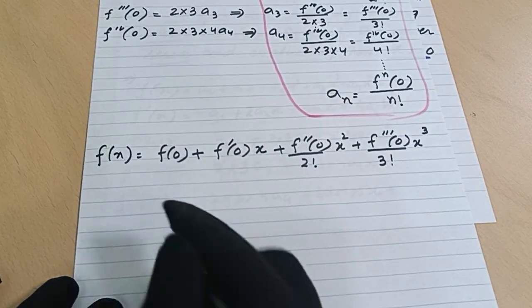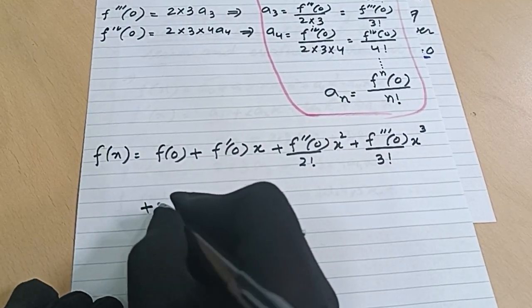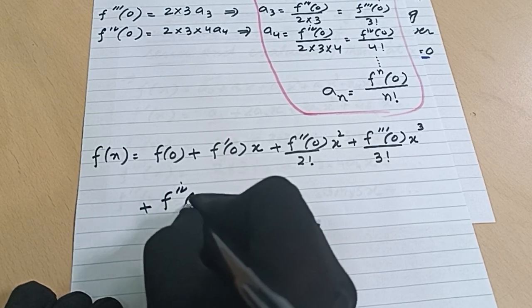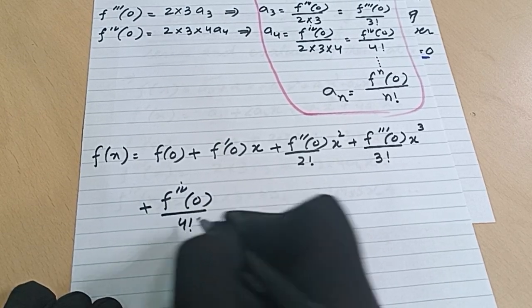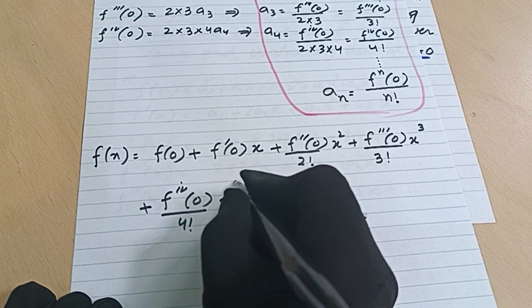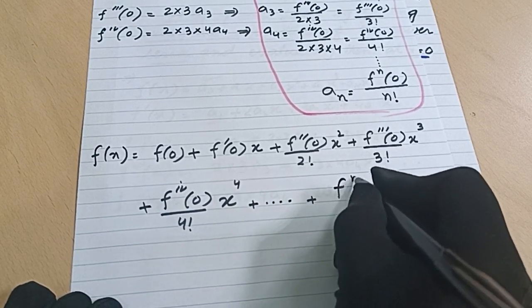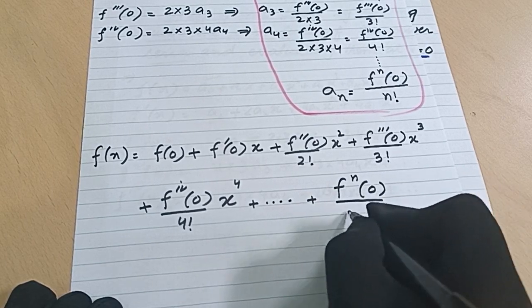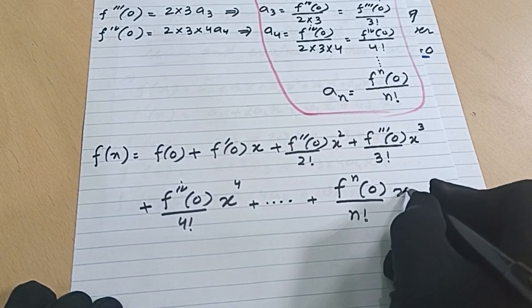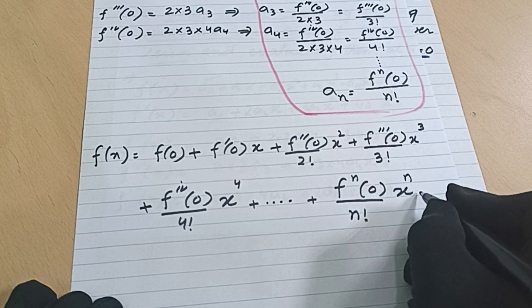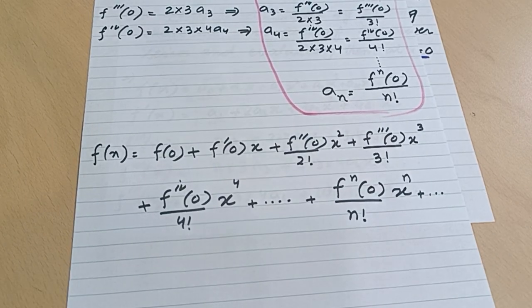Continue with this formation. The next coefficient is the fourth derivative at 0 over 4 factorial and x to the power 4. Continue in this way. The nth derivative at 0 over n factorial and x to the power n. That will yield the required coefficients.